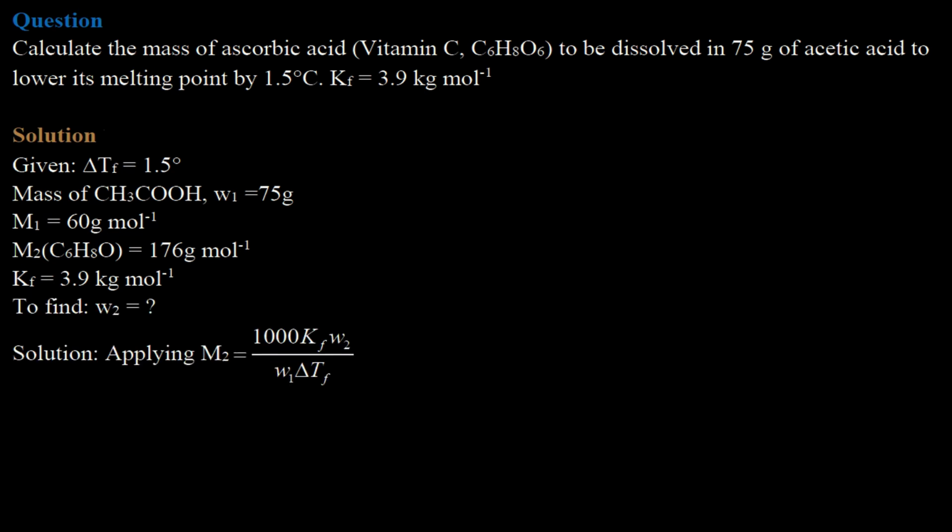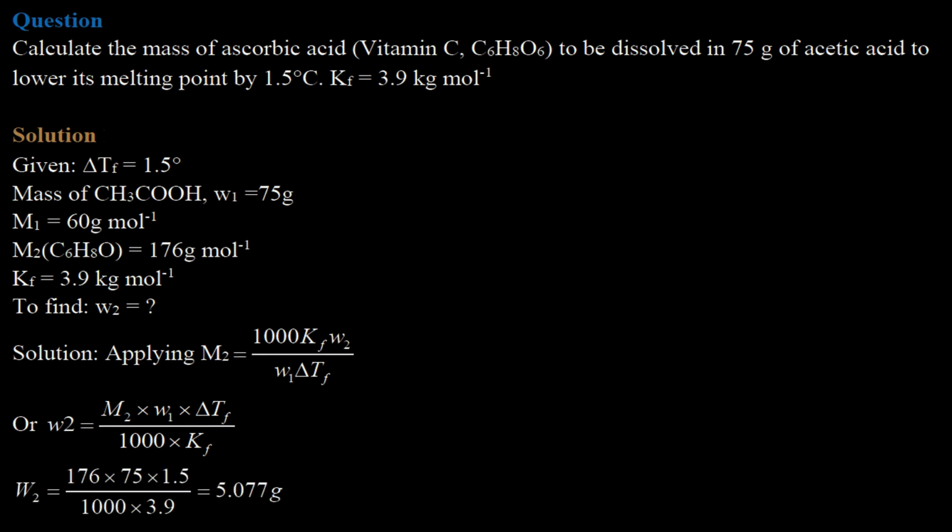So here also, as I told you earlier, to calculate the mass of ascorbic acid, the mass of the solute, W2, applying the formula, that is delta TF is equal to Kf into M. You can expand molality and hence you get the formula M2 is equal to 1000 into Kf into W2 divided by W1 into delta TF, or W2 is equal to M2 into W1 into delta TF divided by 1000 into Kf.